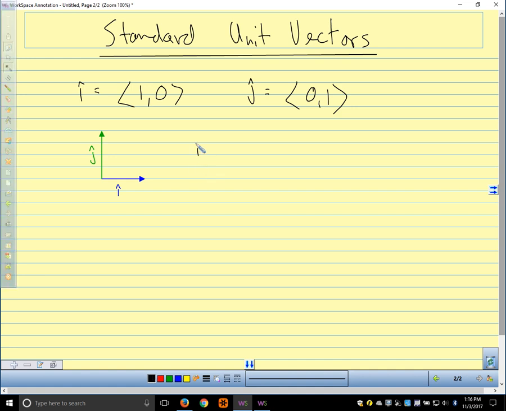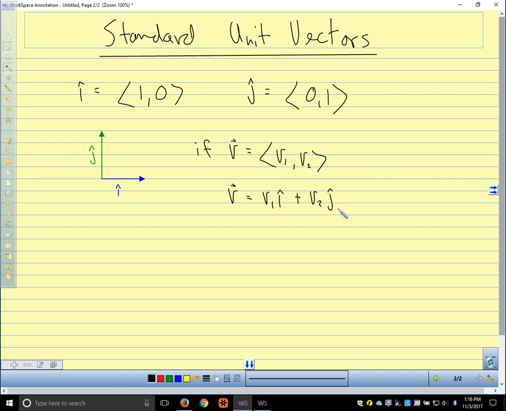And if we have v in component form, v1, comma v2, we can say in terms of the standard unit vectors, vector v is v1 i hat plus v2 j hat.